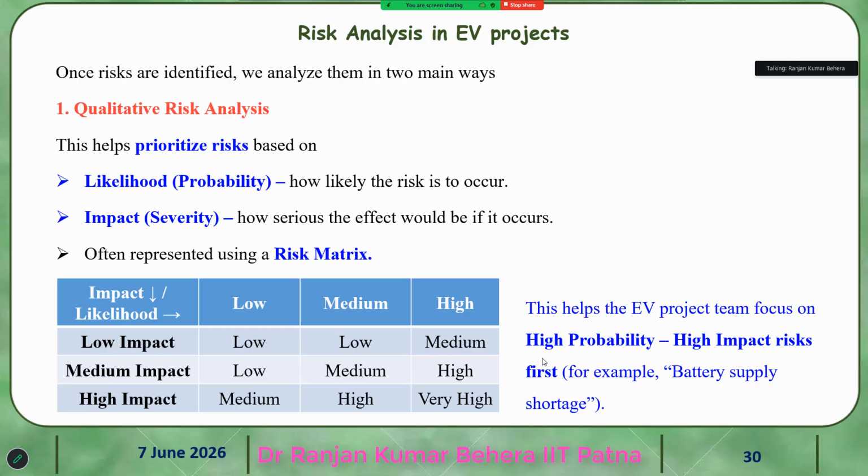Then risk analysis. One is qualitative risk analysis, which helps prioritize risks based on likelihood, or the probability of how likely the risk is to occur, and then impact severity, how serious the effect would be if it occurs.